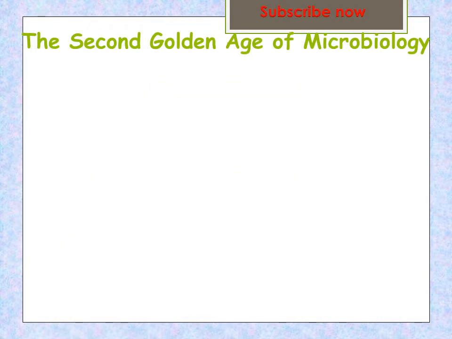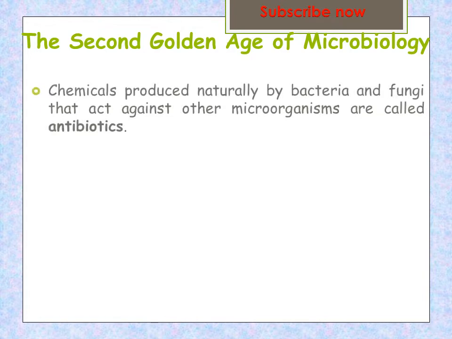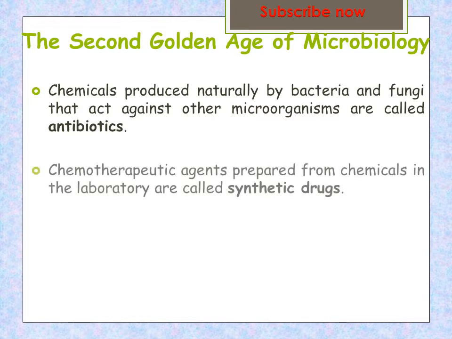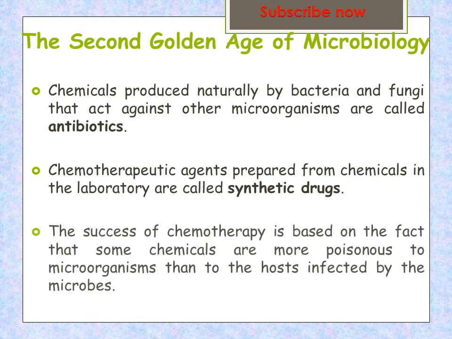Chemicals produced naturally by bacteria and fungi that act against other microorganisms are called antibiotics. Chemotherapeutic agents prepared from chemicals in the laboratory are called synthetic drugs. The success of chemotherapy is based on the fact that some chemicals are more poisonous to microorganisms than to the host infected by the microorganisms.